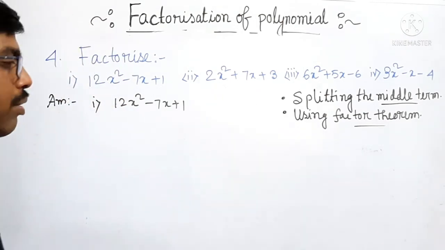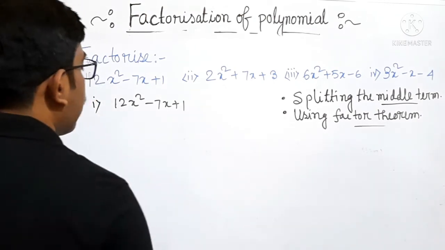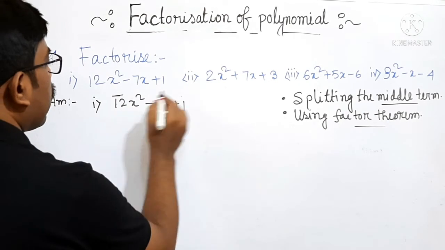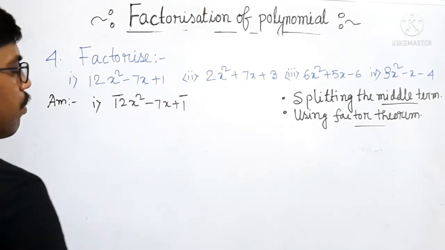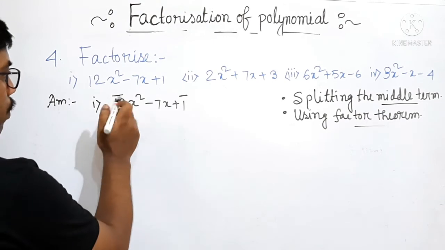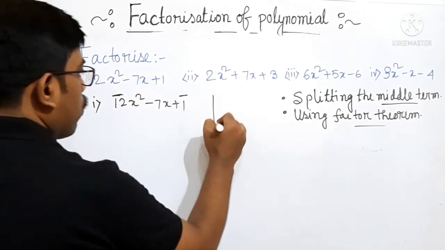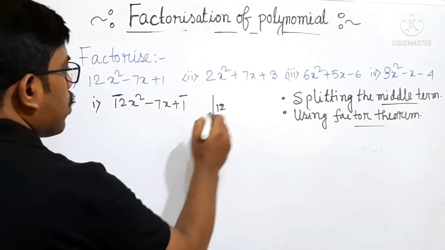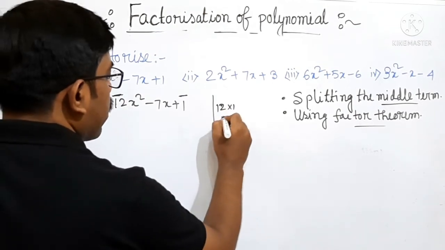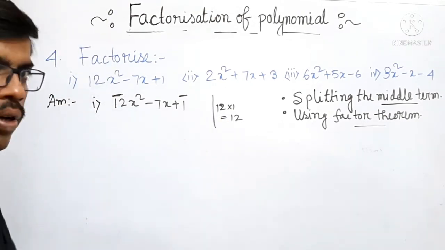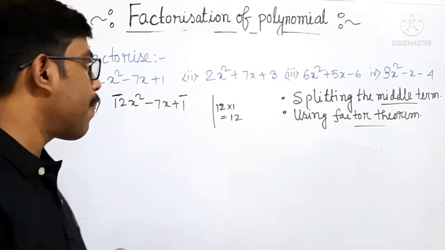Then what is the procedure? At first you have to multiply the coefficient of the first term and the last constant term. Here the coefficient is 12 and the constant term is 1. So 12 ones are 12. I think it is clear.